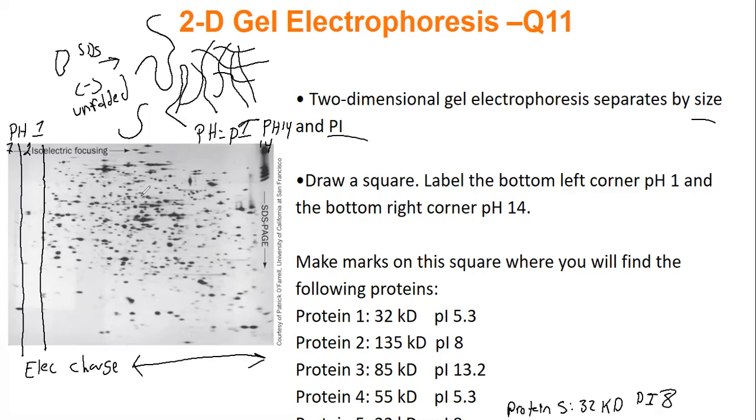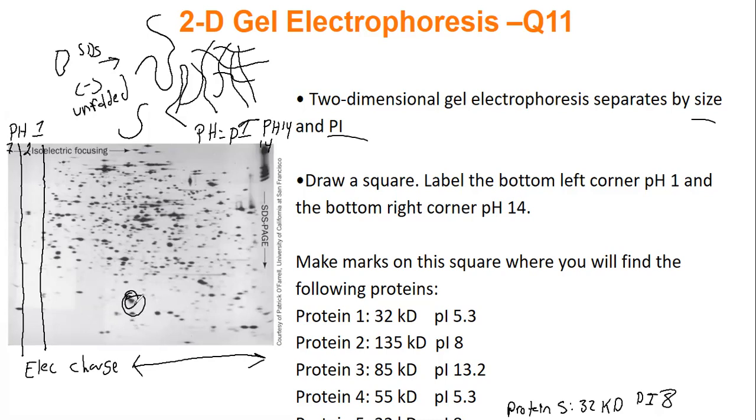So by doing this technique, let's imagine that you're studying a cell, all right? And you want to know what proteins are in this cell under different conditions. You would do 2D electrophoresis where you would bust open the cell, take all the proteins, run them on this type of gel, and then you could say, okay, I have a protein right here.